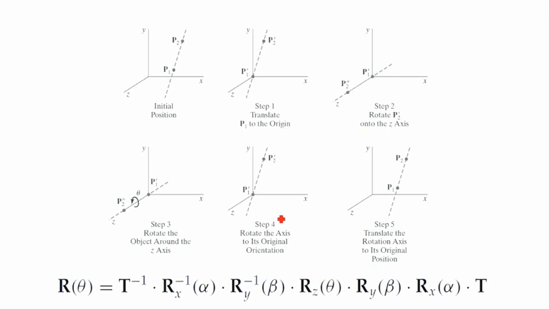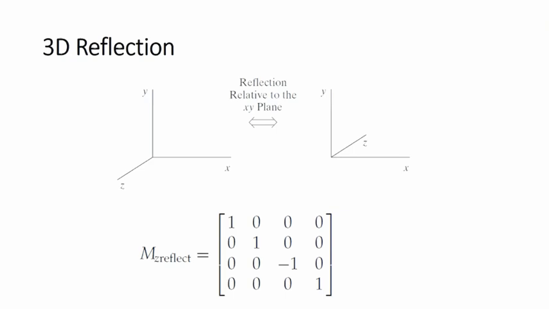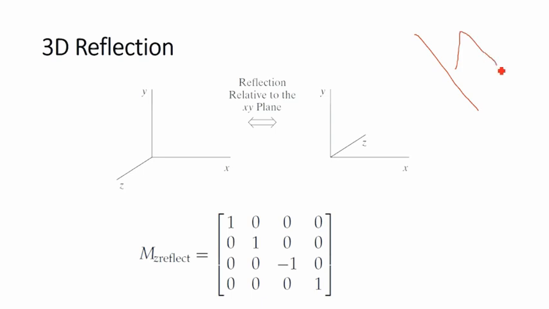So moving forward, let's see our 3D reflection. 3D reflection is similar to the 2D reflection that we have seen. In 2D we reflect an object with respect to an axis like this, but in 3D we reflect the object with respect to a plane.